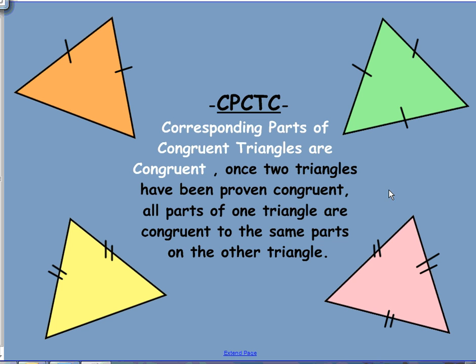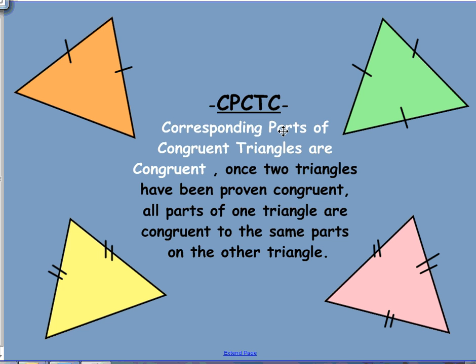All right. What this says is once two triangles have been proven congruent, all parts of one triangle are now congruent to the same parts of the other triangle. So for example, if I were to find that this orange triangle right here and this green triangle right here are congruent to each other, let's say by side, okay?